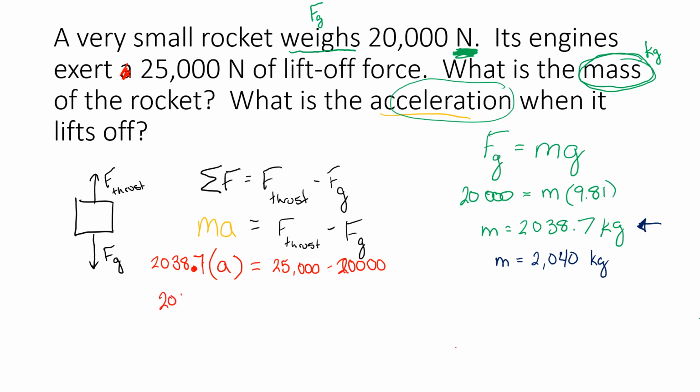So we have 5,000 on one side, and then we have to divide by the mass that we found.